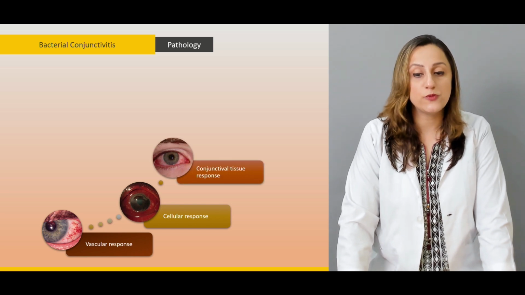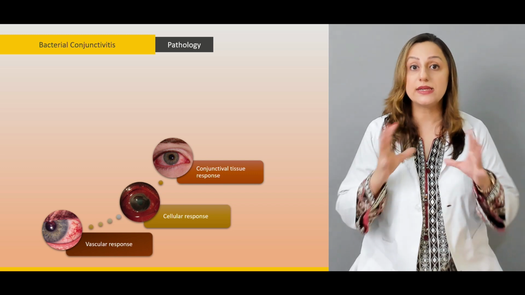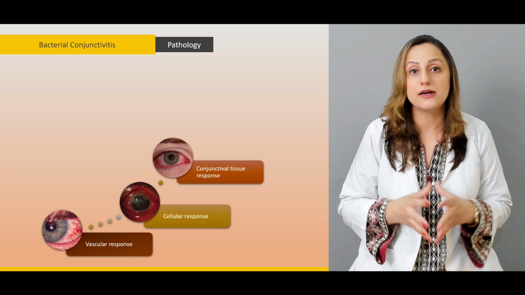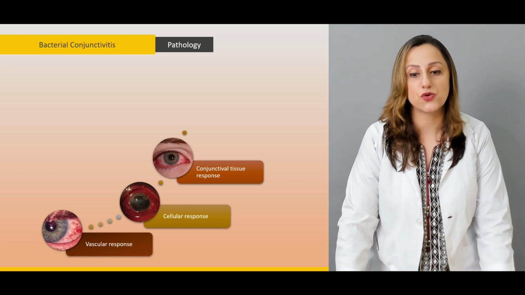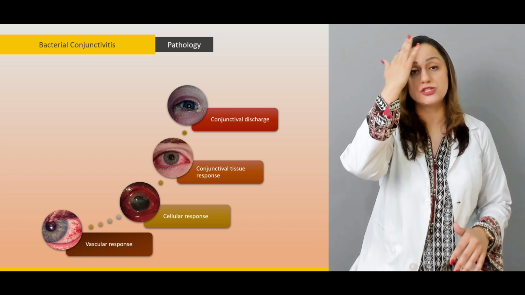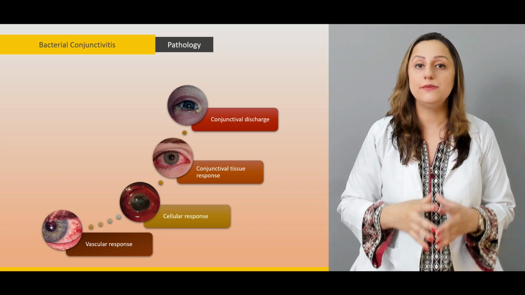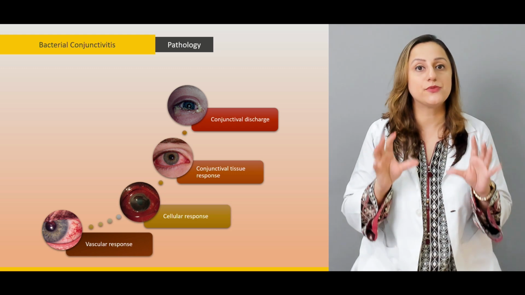And then we would have the conjunctival tissue response. That is the redness and the hyperemia that is observed at the conjunctiva. That would be quite evident over here. And then finally, we'd have the conjunctival discharge. That is mainly the mucopurulent discharge that is present at the palpebral fissure.